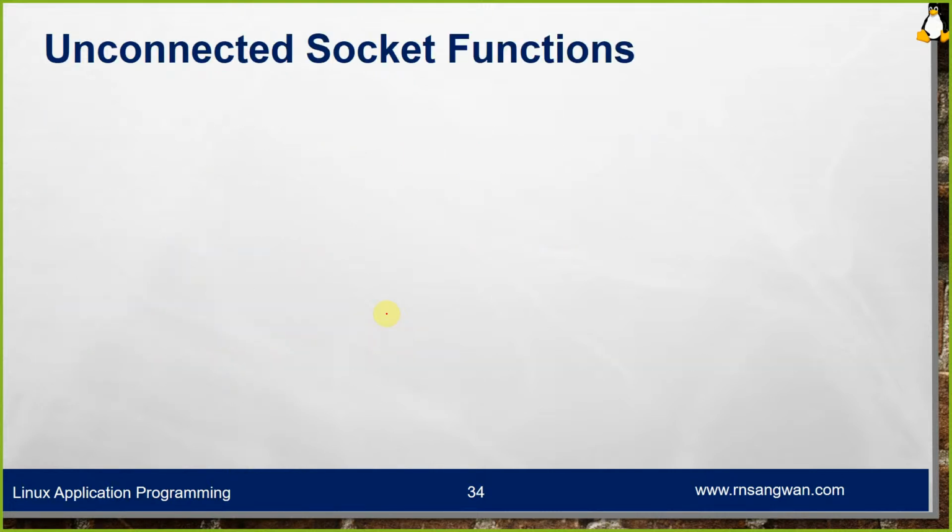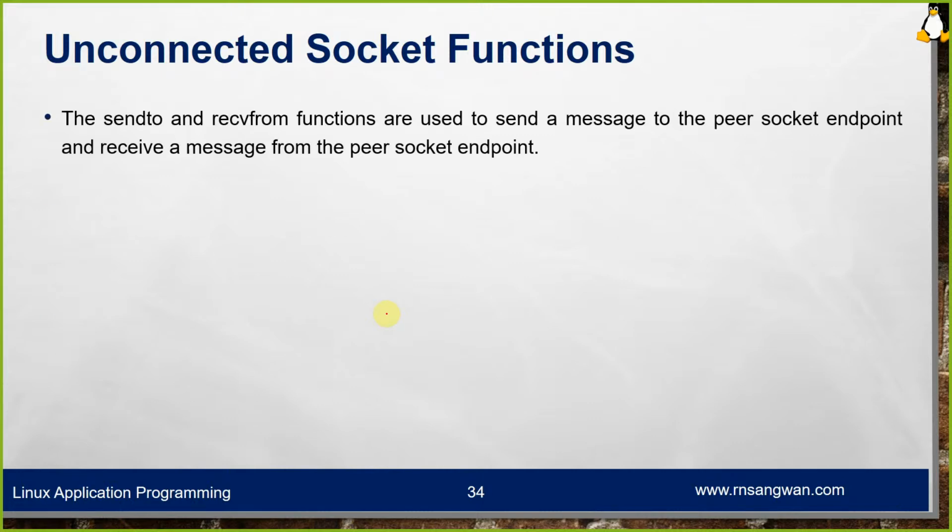Unconnected socket functions means we are talking about UDP now, user datagram packets. The sendto and recvfrom functions are used to send a message to the peer socket endpoint and receive a message from the peer socket endpoint.